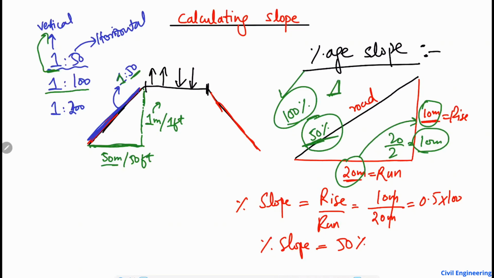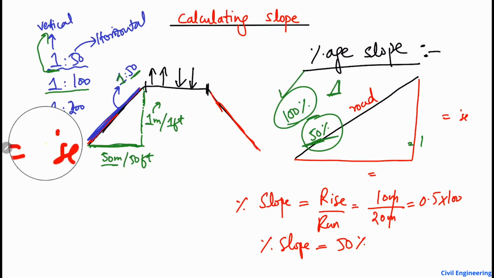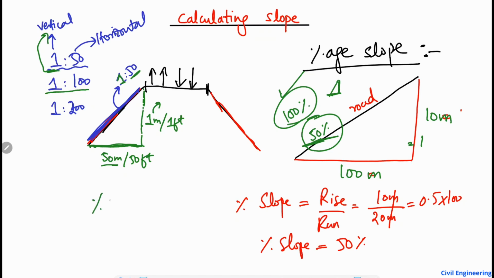Now I'm going to make another example by changing this dimension. Let's suppose this vertical height is 10 meter and this horizontal distance is 100 meter. What will be the slope? Percentage slope is equal to rise divided by run, so 10 meter divided by 100 gives 0.1.